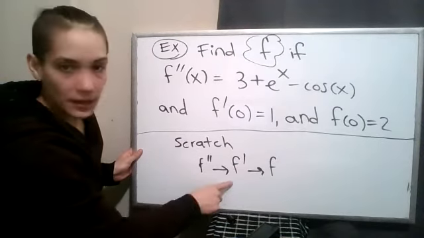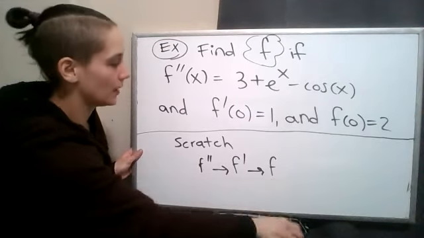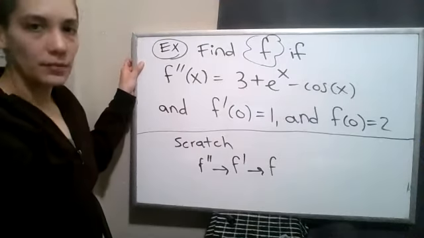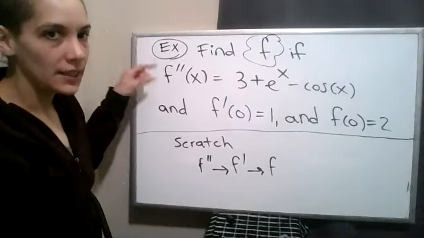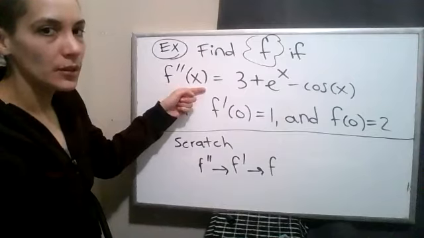So we're going to do steps A, B, and then we're going to do steps A, B again, and then we'll be done. Part A is to find the general antiderivative of f double prime, which is f prime.